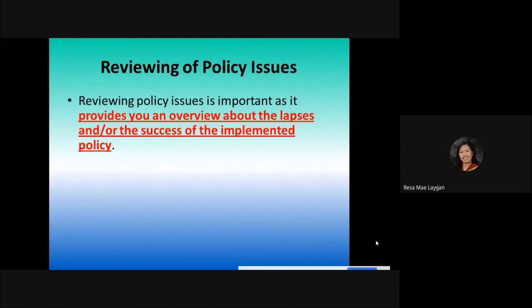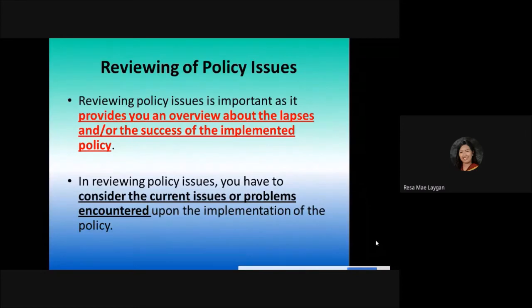So in order to identify whether there are lapses and or success, you really need to provide statistics. You really need to provide enough data to support the claim that this policy has lapses or this policy is successful. So in reviewing policy issues, you have to consider the current issues or problems encountered upon the implementation of the policy.